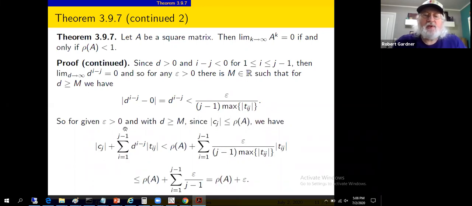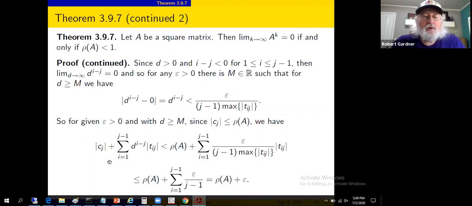So for given epsilon greater than 0, provided d is sufficiently large for this to hold, since the absolute value of c sub j, you have to think absolute value because it's an eigenvalue, and they could be complex, the absolute value of c sub j is less than or equal to the spectral radius of A.